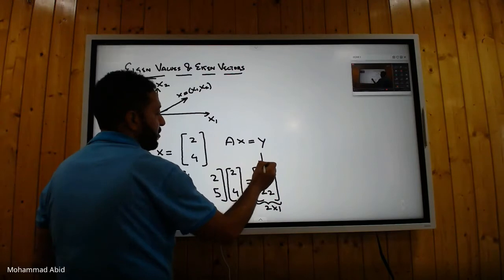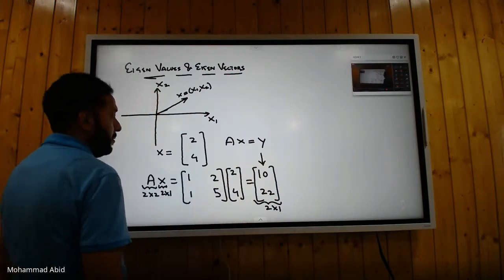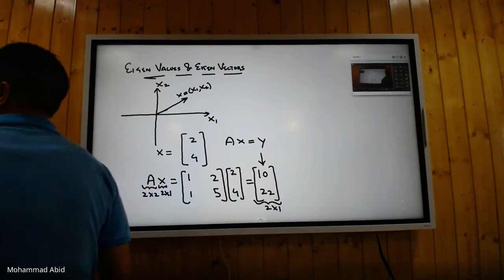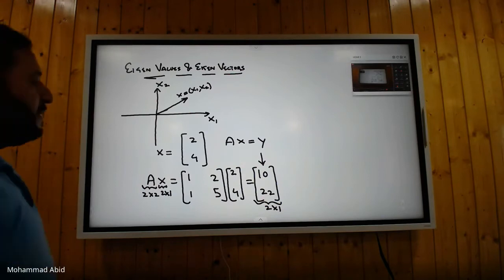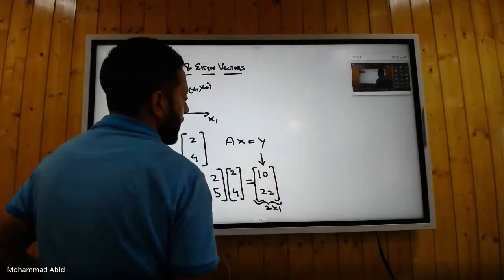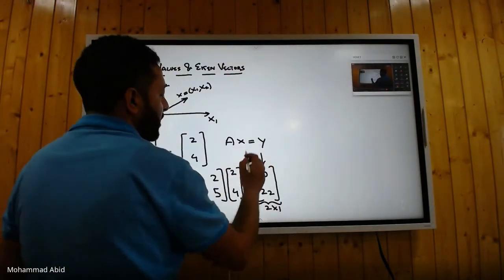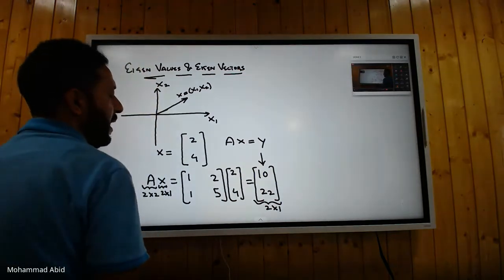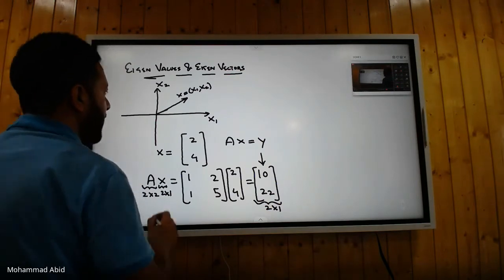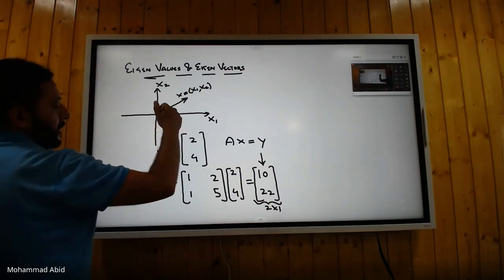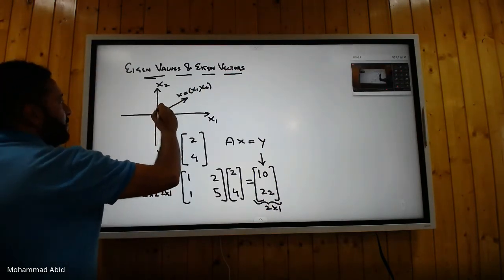Let's call this vector Y. So this vector Y has got a magnitude associated with it, as well as the direction. So this vector can also be represented in this two-dimensional space by another vector like this.